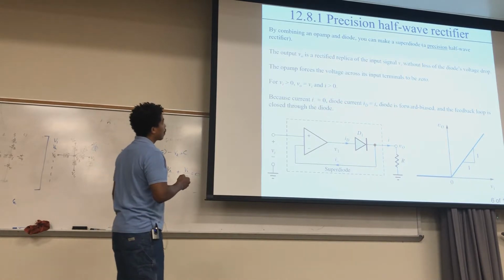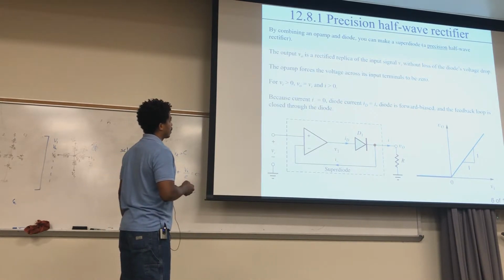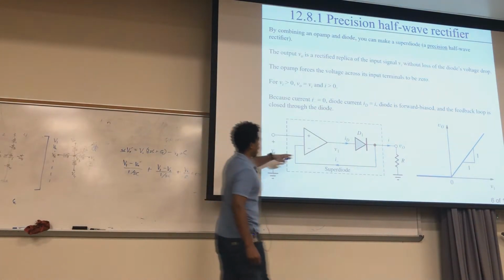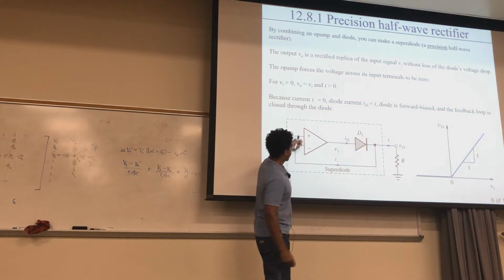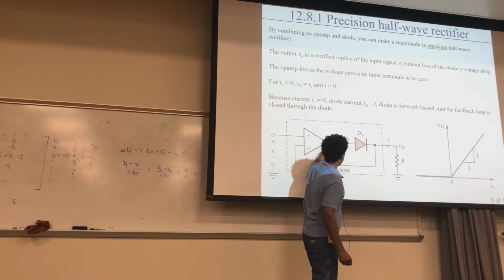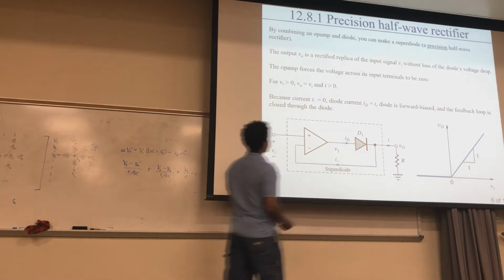And so if this Vi is greater than 0, then the output voltage equals Vi. And the current is actually positive. So this current is passing through this way. And of course, the current is not coming from here because this is considered to be an ideal op-amp. So no current flows here. So this current going this direction is coming out of the output of the op-amp and going straight through. Okay.